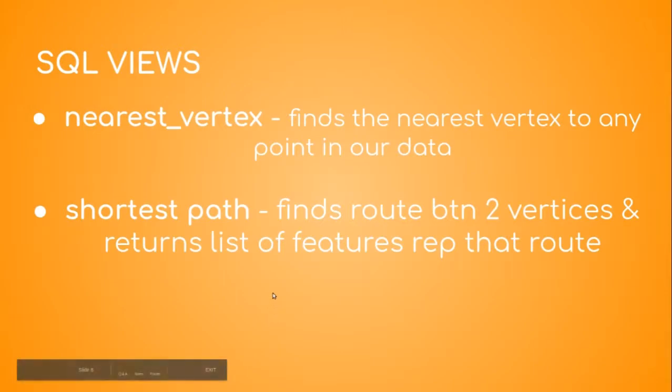The shortest path can receive the starting point and the end point, which are the vertices you get from the nearest vertex. So that's a point to note: these views are parameterized, and we are going to define these parameters from Geoserver.